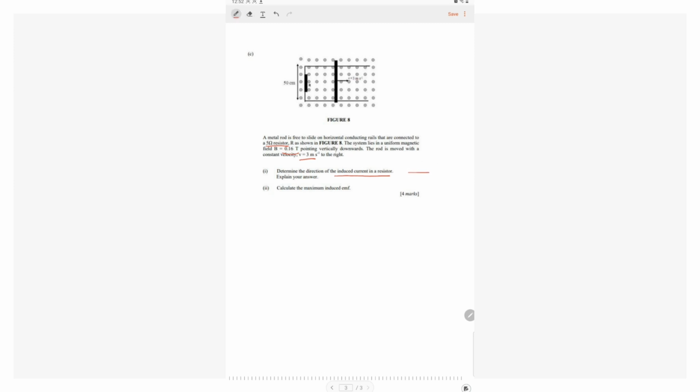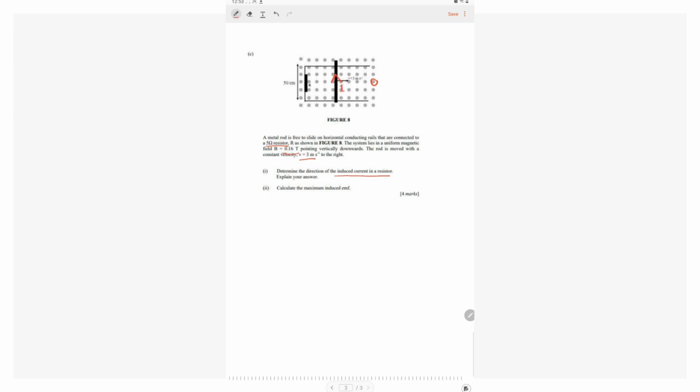So yang ni kita guna Fleming right hand rule, di mana thumb finger adalah velocity, the second finger is for magnetic field. Magnetic field kita adalah into the page. Okay, so bila awak guna Fleming right hand rule, V ke kanan, B into the page, so awak punya current adalah ke atas.